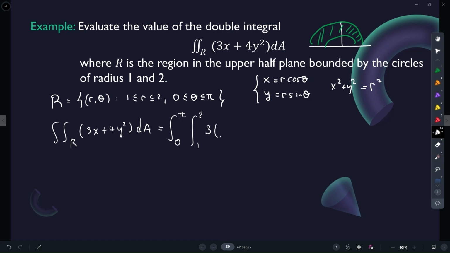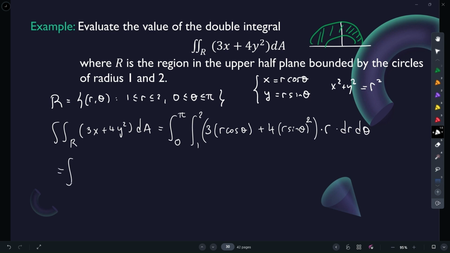So this is 3r cosine theta plus 4 times y squared. Y is r sine theta, squared. And I have to make sure that I multiply the whole function by my conversion factor of r, and then that will be dr d theta.